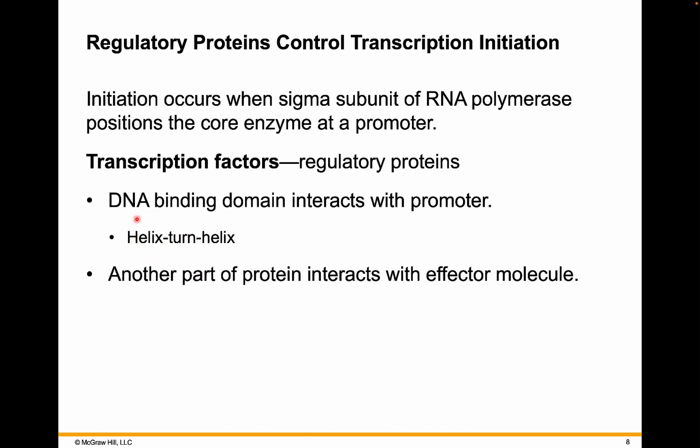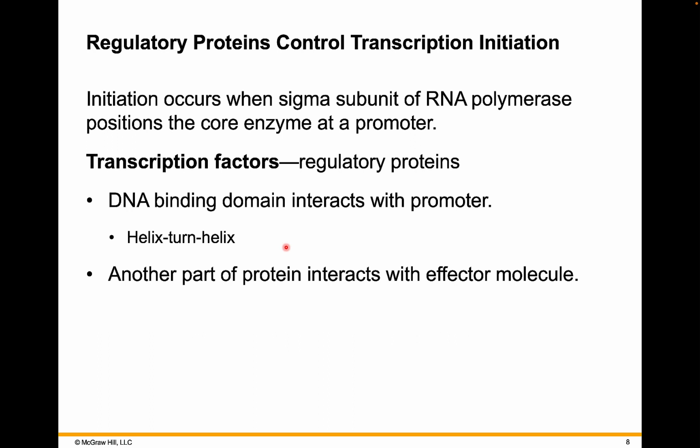Most of these transcription factors have a dimeric structure, which places them, or clamps them, onto the DNA, particularly the major groove of the DNA. Another part of the protein interacts with the effector molecule, and one interacts with the DNA.